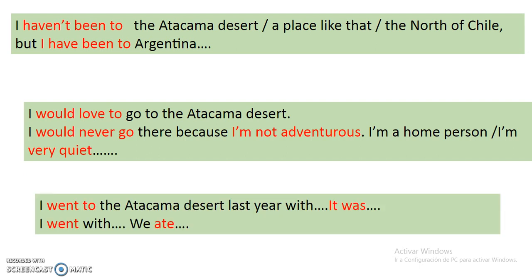I went to the Atacama Desert last year with blah blah blah. I went with certain person. We ate this or that. You see? So here we are using present perfect to talk about experiences in affirmative or negative forms. We're using, again, adjectives to talk about personality.